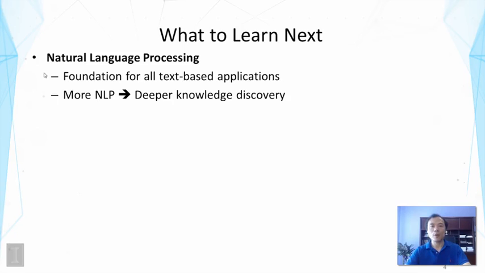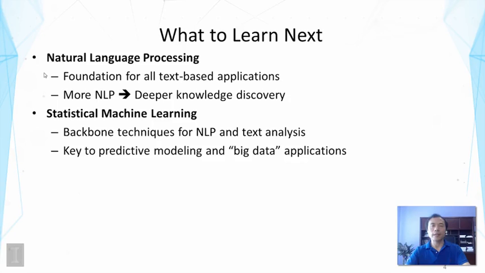So to learn more about this subject, you should definitely learn more about natural language processing, because this is the foundation for all text-based applications. The more NLP you can do, the better representation of text you can get, and then the deeper knowledge you can discover. So this is very important. The second area that you should look into is statistical machine learning.